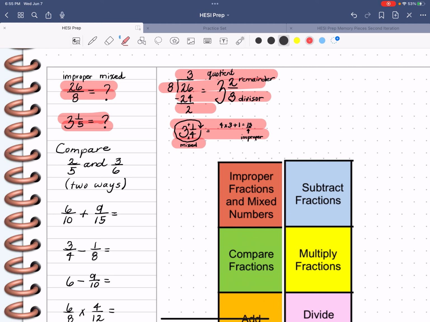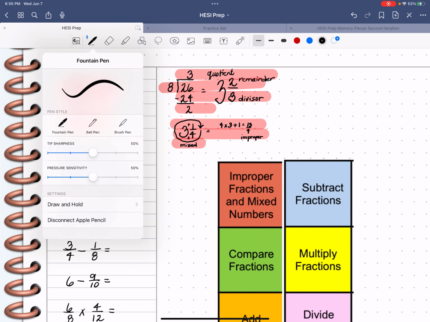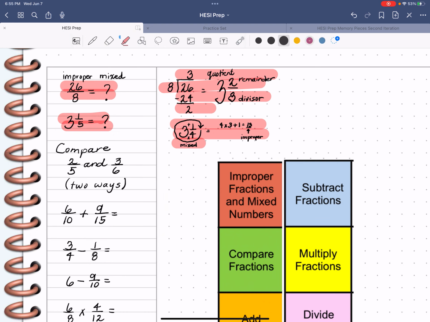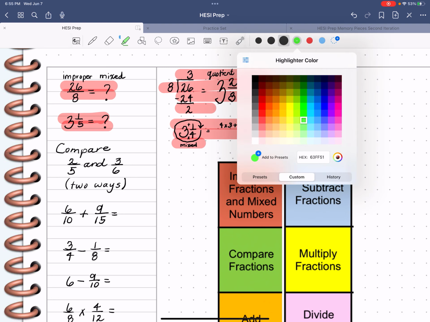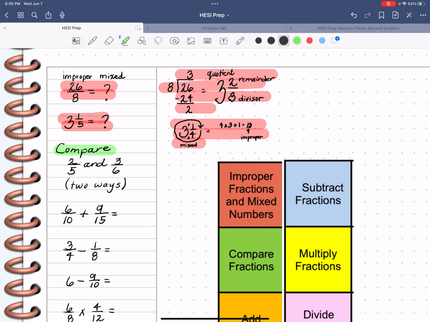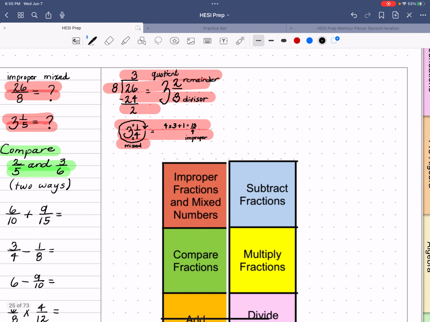Okay, the green door. We are going to compare fractions, and I'm going to show you two ways to do it. Since you have the calculator, I want to make sure you know both ways. All right, this is without the calculator. So the first thing you want to do is write your fractions vertically.